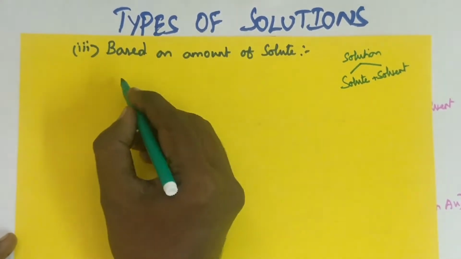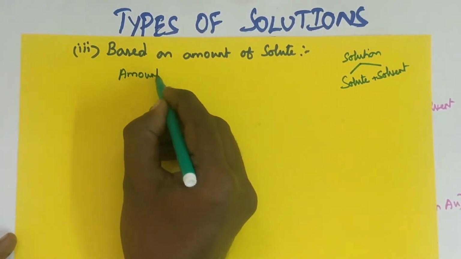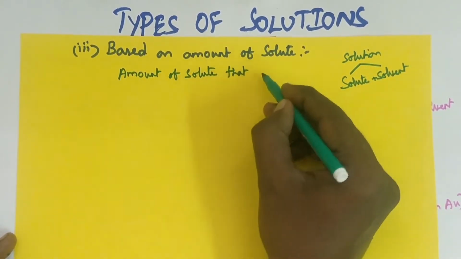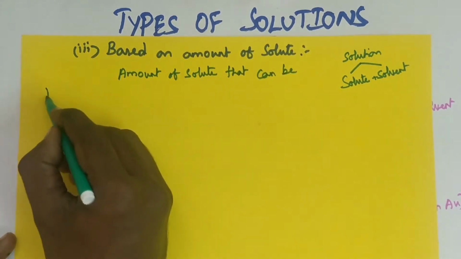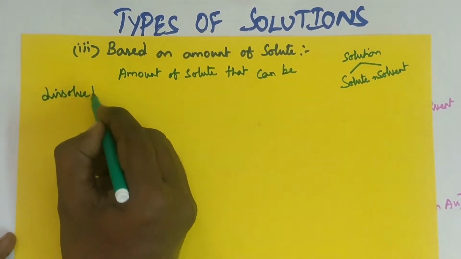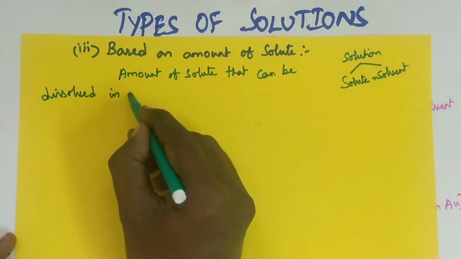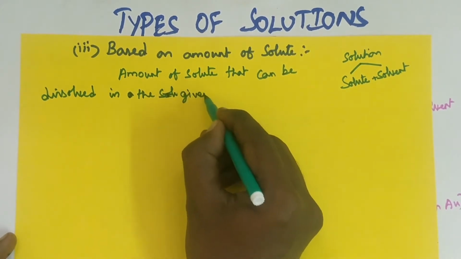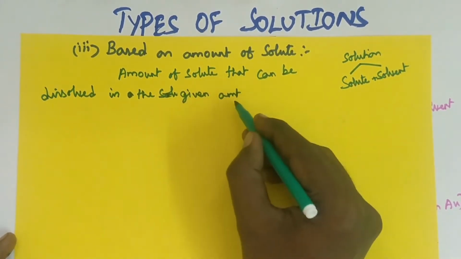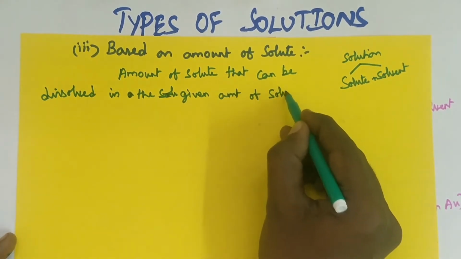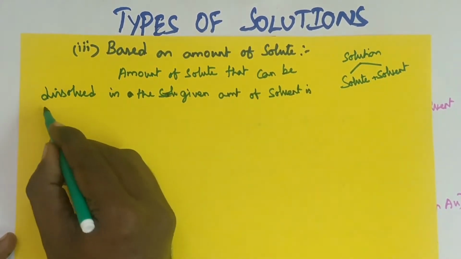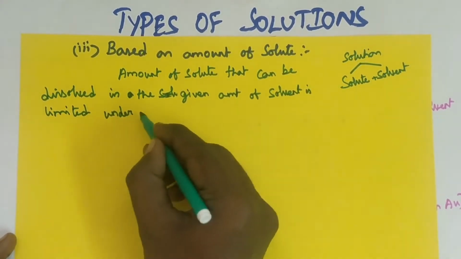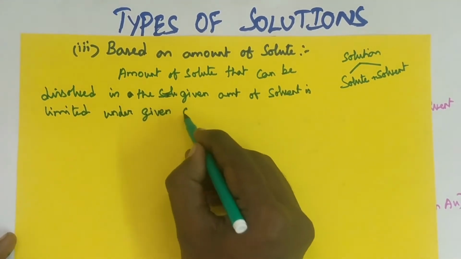So based on amount of solute is amount of solute that can be dissolved in the given amount of solvent is limited under given condition.